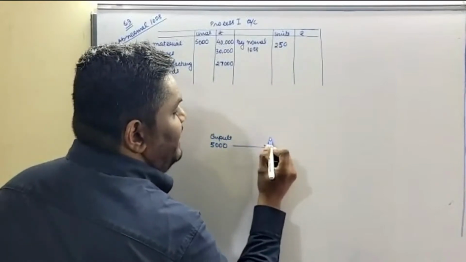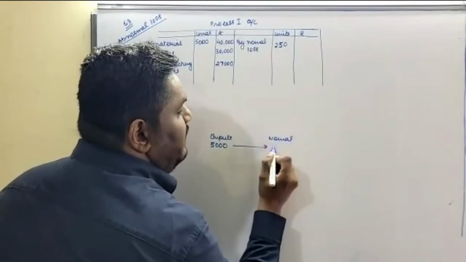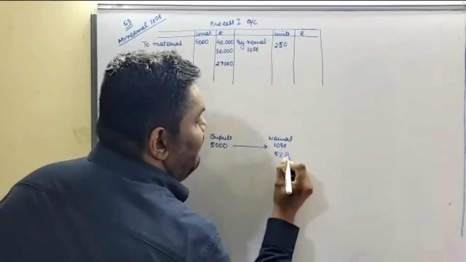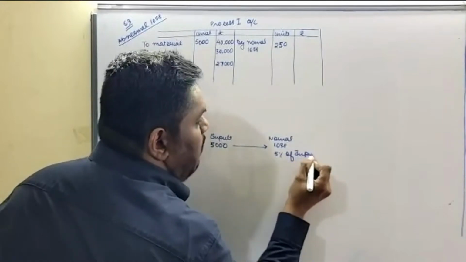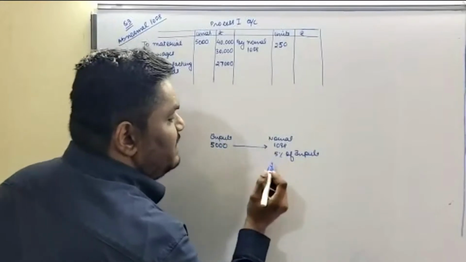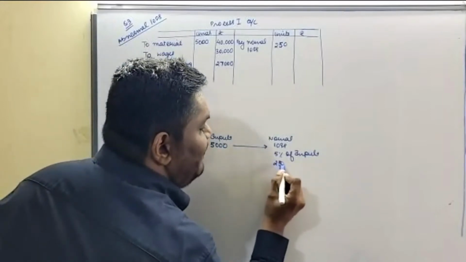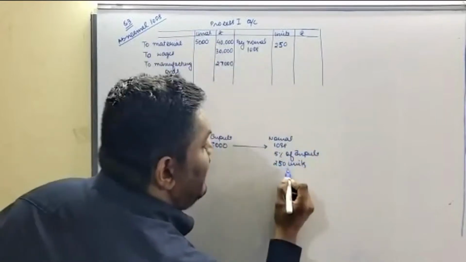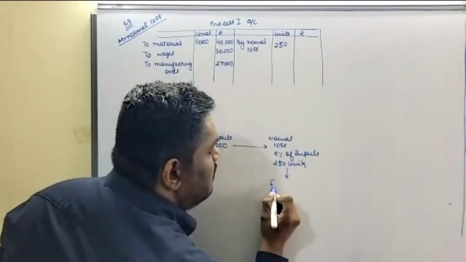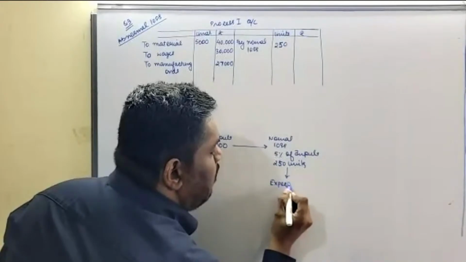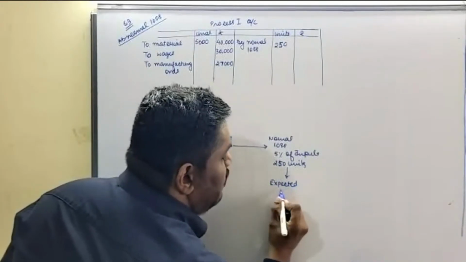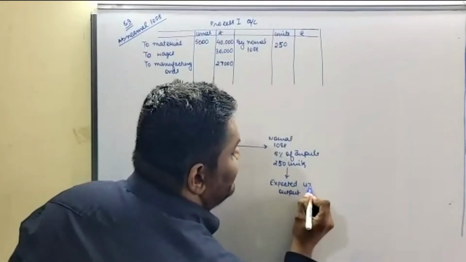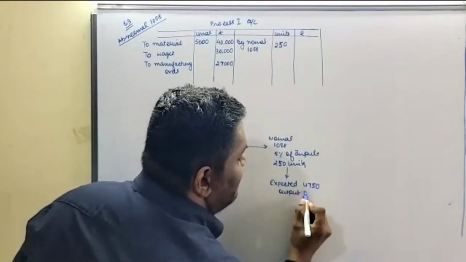As predicted by the management, that normal loss will be how much? 5% of inputs. So this will be 5,000 into 5%, that will be 250 units. So my expected output will be how much? I was expecting an output of how many units? 4,750 units.